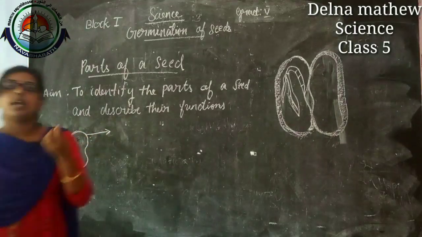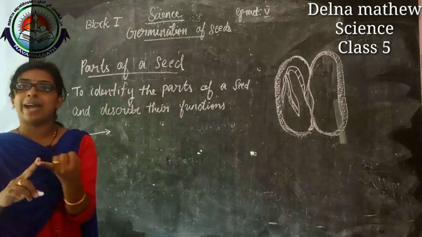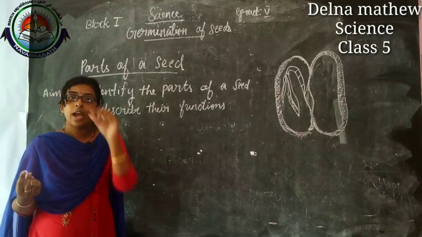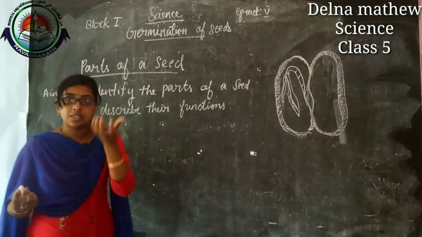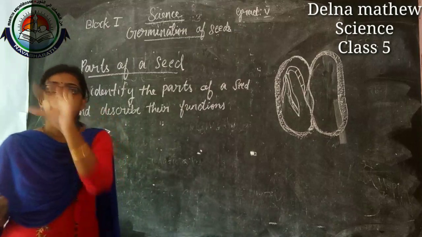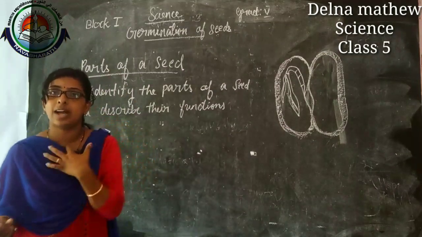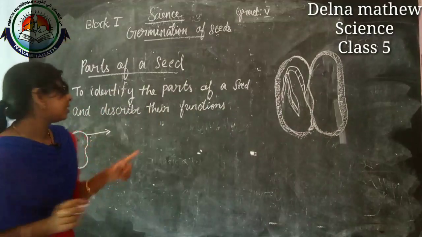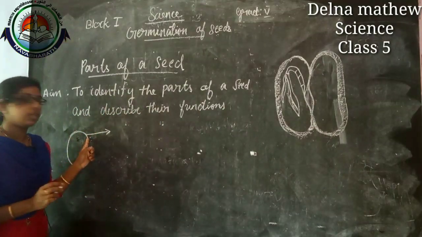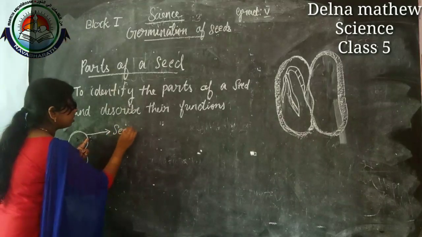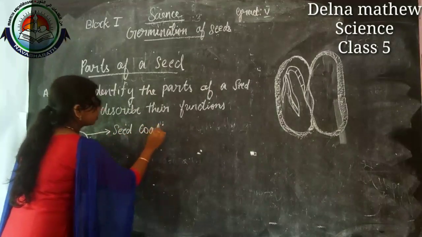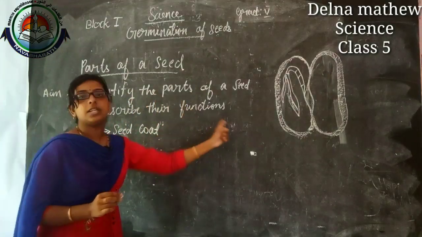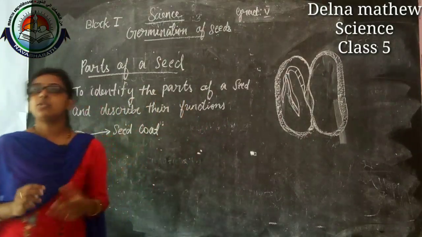Maybe you also see different kinds of seeds like mango, apple, pea. The part that is visible to our eyes, that outer part of a seed, is considered as the seed coat. And what is its function? We need to identify the parts, and at the same time we have to find their function.